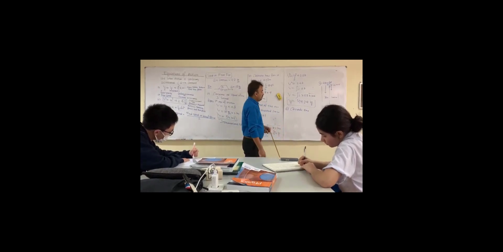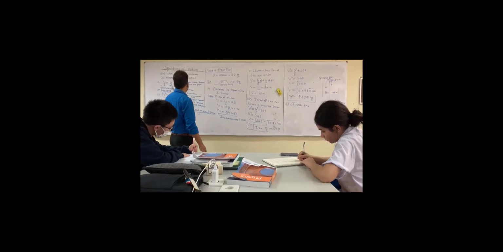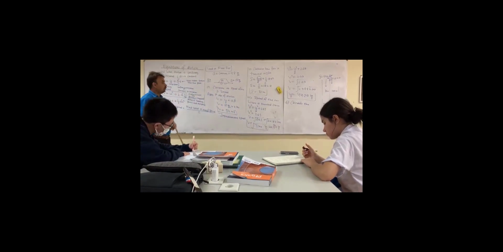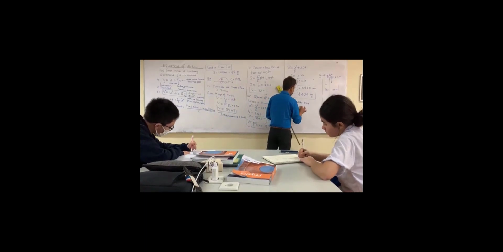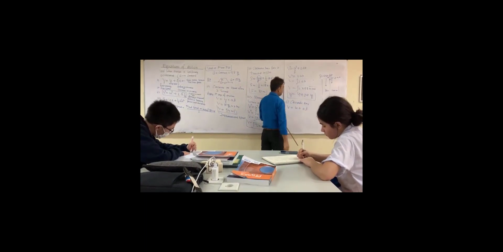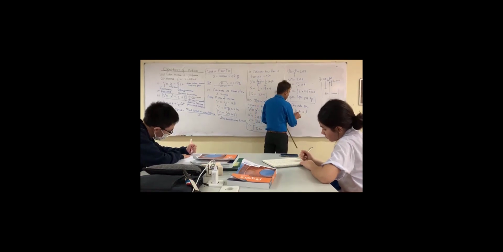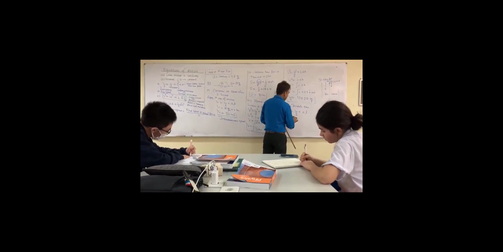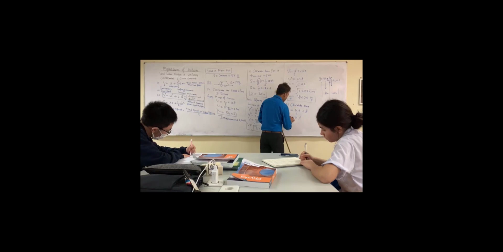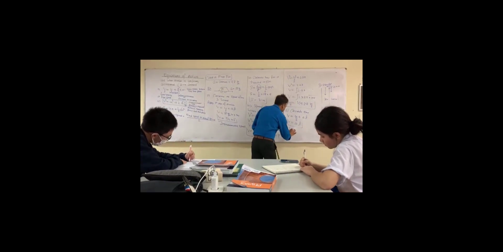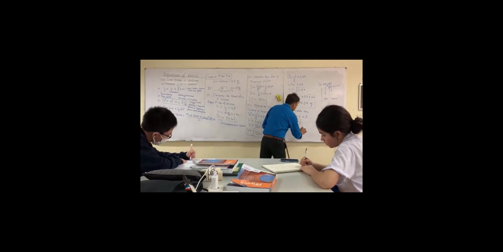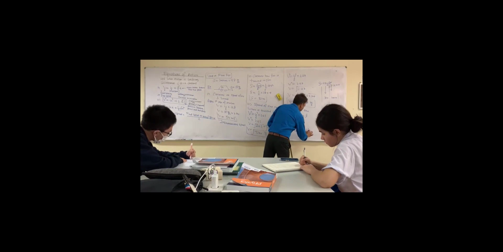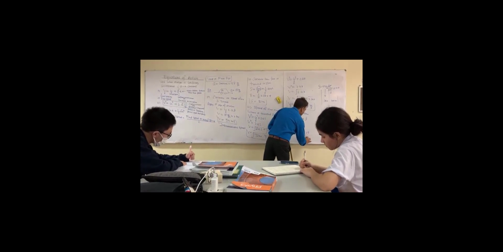So now again you can use the first equation of motion. V is equal to U plus A into T. Now initial speed is 0, so V is equal to A into T, so T will be equal to V by A, and V is 44.29 and A is 9.8.